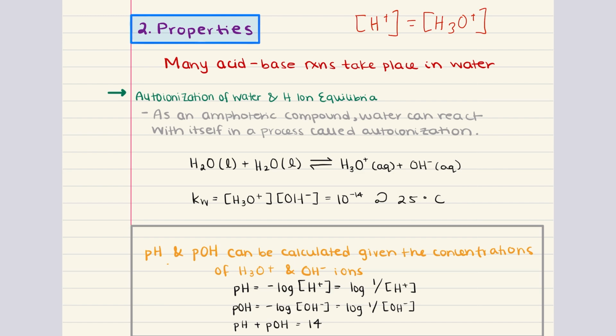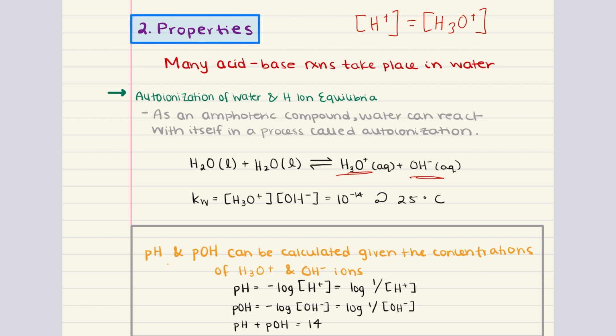Now, the first topic of conversation here is the autoionization of water and hydrogen ion equilibria. While we've mentioned this earlier, I think repetition is key. The autoionization of water, also known as the self-ionization of water, is a process where water molecules react with each other to form hydronium and hydroxide.